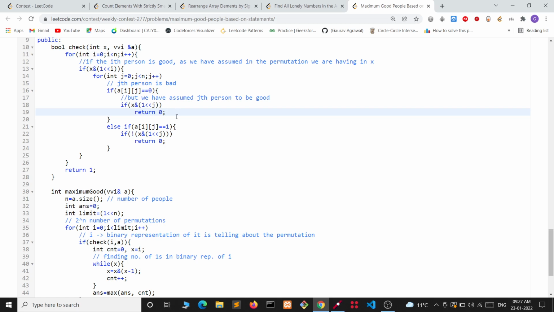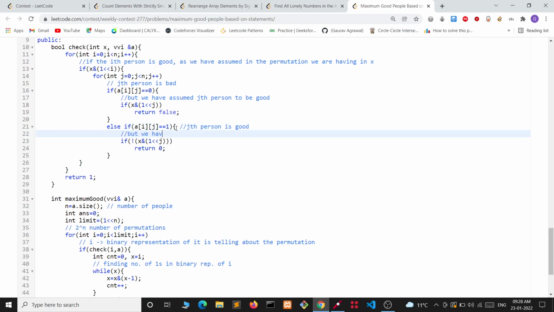This is not a valid permutation. After that, if the ith person is saying that the jth person is a good person, but we have assumed the jth person to be bad in our permutation represented by x, we check x and 2 to the power j.